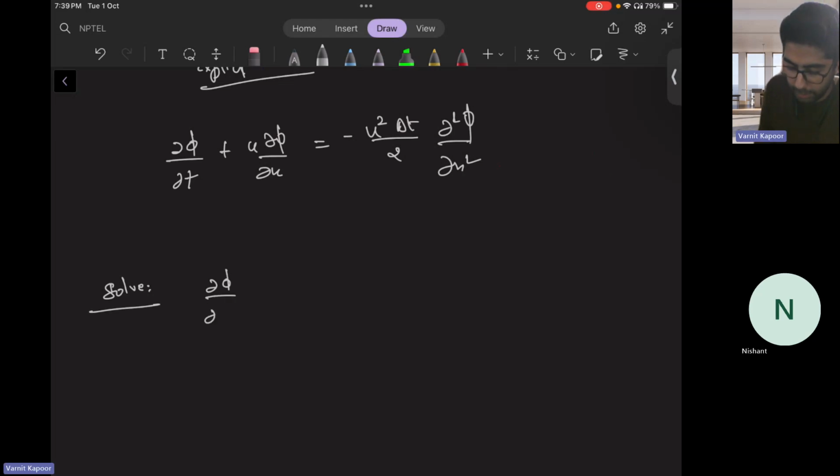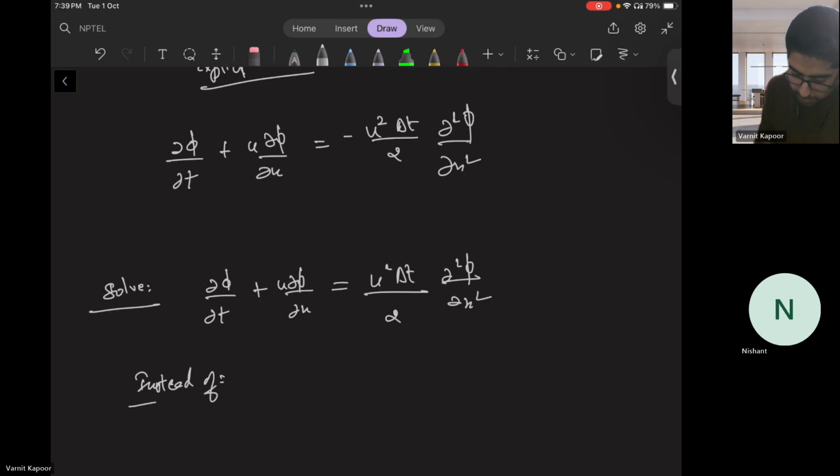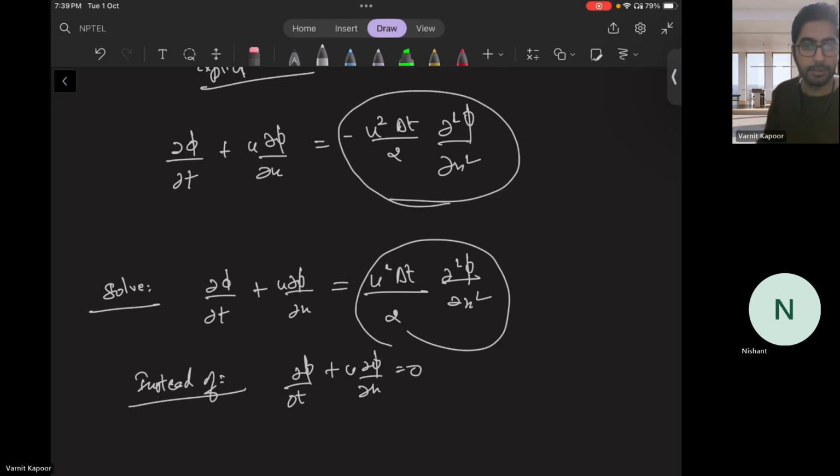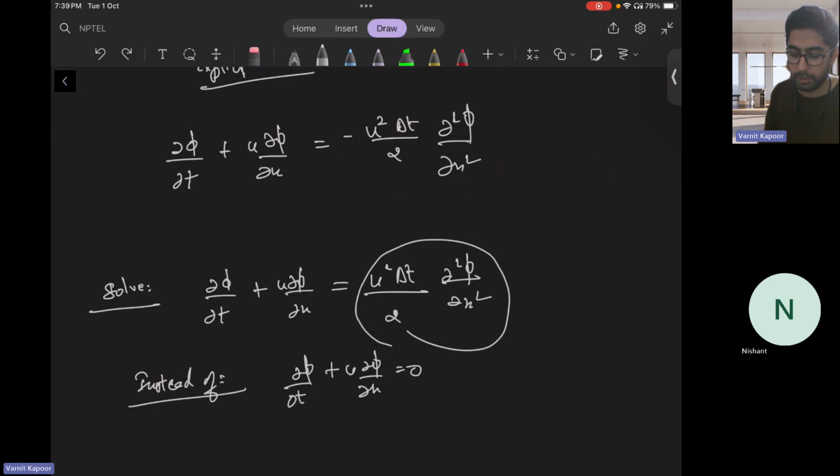That means dou phi by dou t plus u dou phi by dou x is equal to u square del t by 2 dou 2 phi by dou x square. You can start with this equation. Okay. So when you start with this equation and discretize, this positive term will get cancelled out with the negative term which was coming.